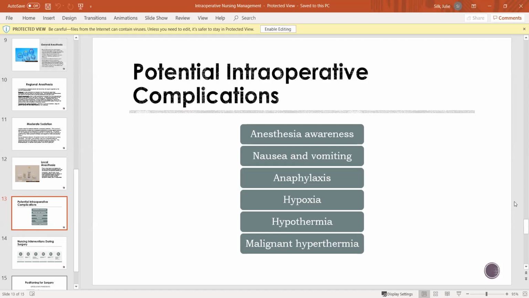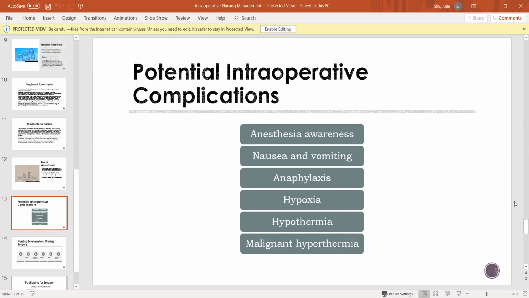All right, so now we're on to the complication portion of this. So anesthesia awareness is something that is just scary to think that it could even happen, but it does. What it is, it's unintended intraoperative awareness. So the patient becomes cognizant of surgical interventions while under general anesthesia, and then they recall the incident.